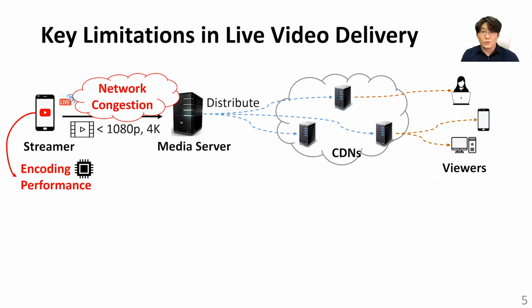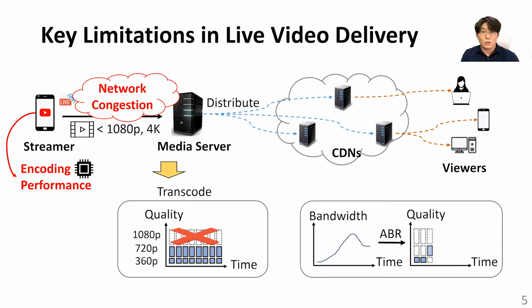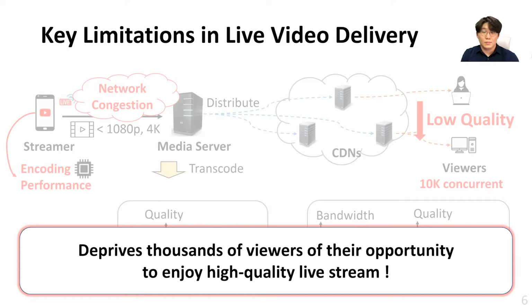For example, if the network bandwidth between the streamer and the media server is scarce, or if the streamer lacks computing power on their devices to encode the live stream in real time, the ingest stream quality suffers by limiting the transcoded options and restricts the quality of the entire delivery downstream. This potentially deprives thousands of viewers of their opportunity to enjoy a high-quality live stream.